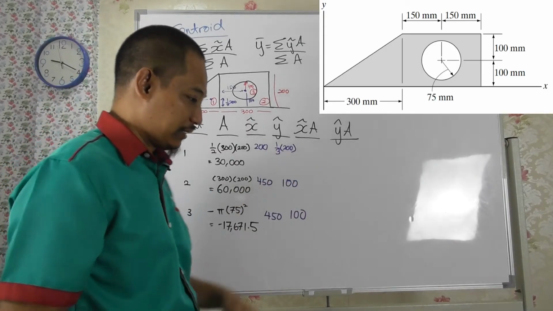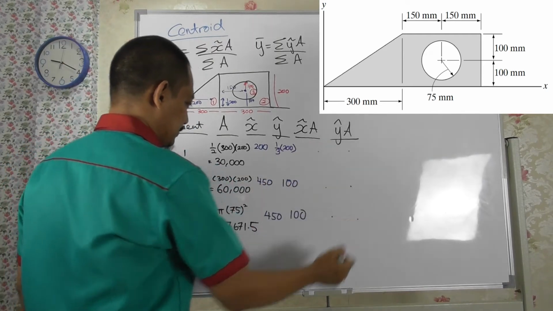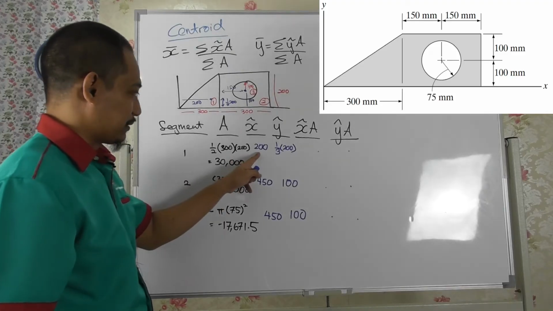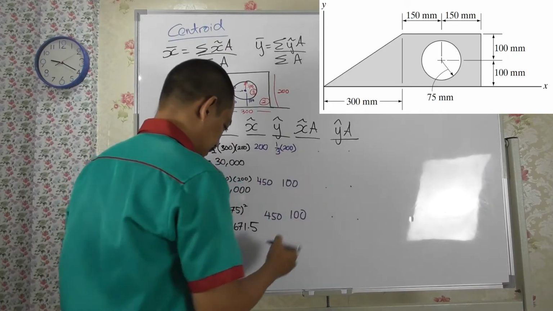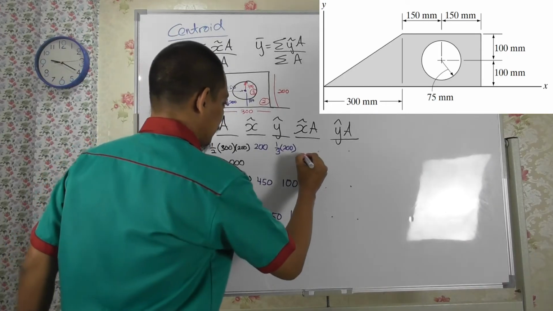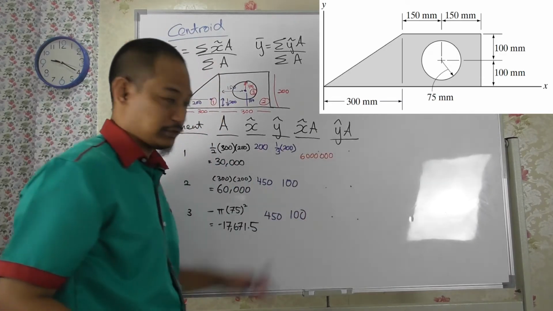So if you calculate this one, it is just multiplication, right? So for example, 30,000 multiplied by 200 becomes 6 million basically. So in this case, if I write in a different color back again, this one becomes 6 million and so on, right?